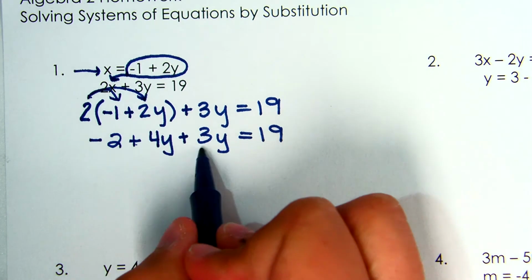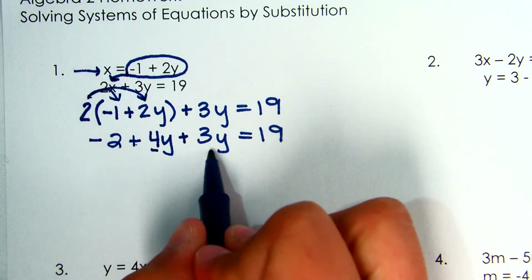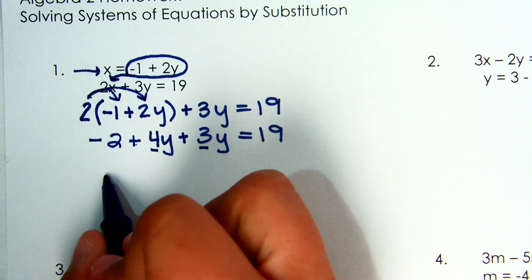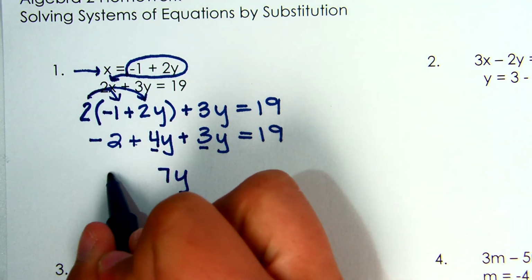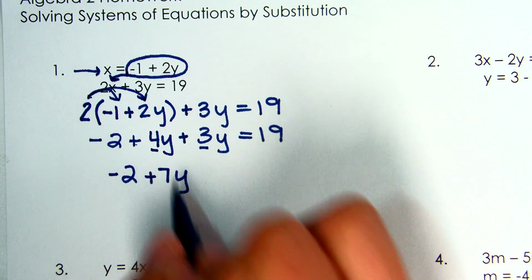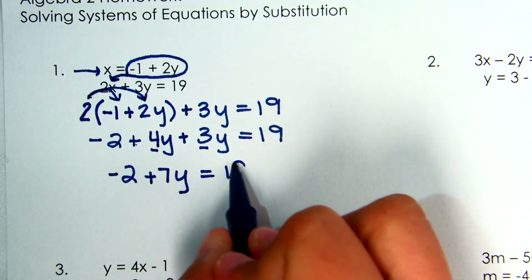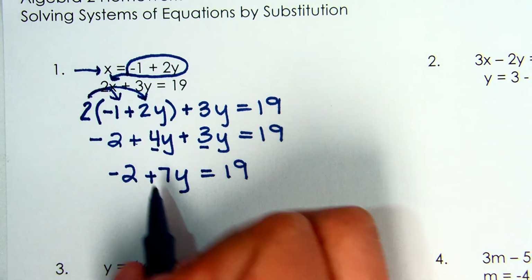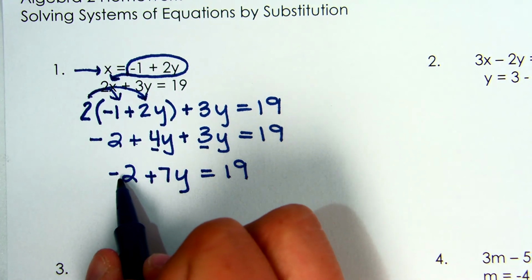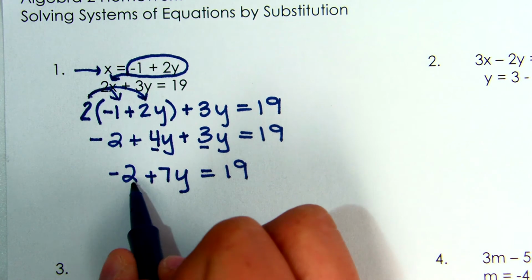Next, I'm going to combine my like terms. 4y and 3y makes 7y, and bring down the rest of the equation around it. -2 plus 7y equals 19. Then I need to get my y alone, so I'm going to subtract, this is a -2.